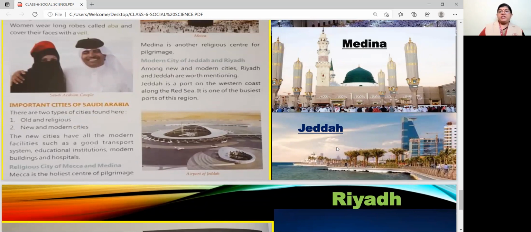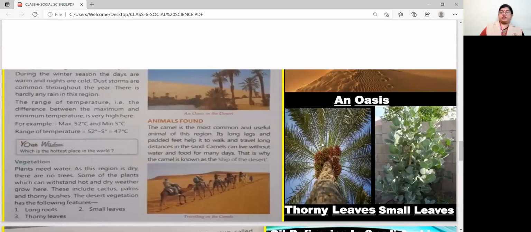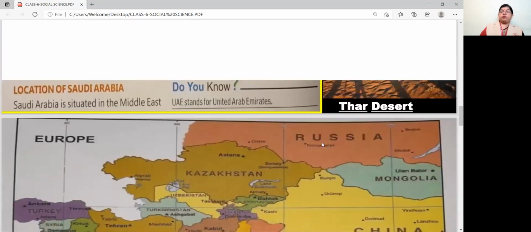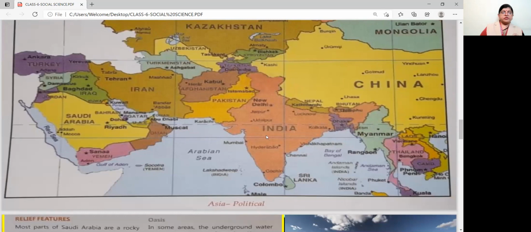Jeddah is a port on the western coast along the Red Sea. It is one of the busiest ports of this region. See here, Jeddah is here. Busiest port. Can you see here Jeddah? Riyadh is here.